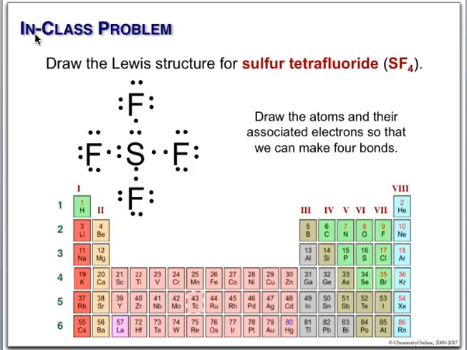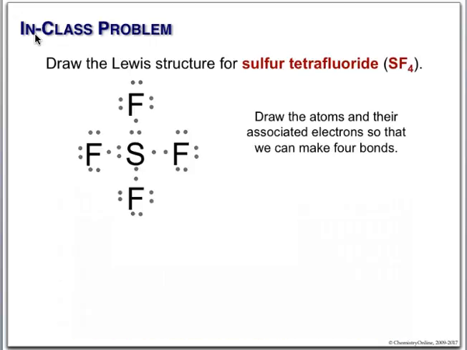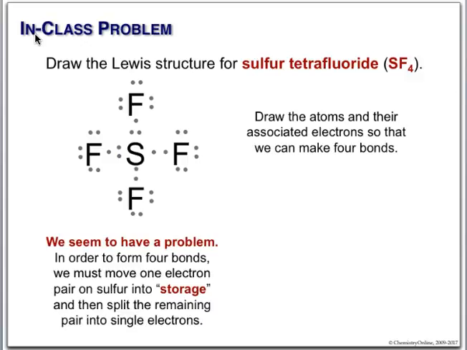There's no other place we can put them. Not like with chlorate, we can't move it anywhere else. Everything is full. So what we're going to do here is identify 2 electrons, say like these 2, and I'm going to go put them in storage, in the next room somewhere. So they're gone.